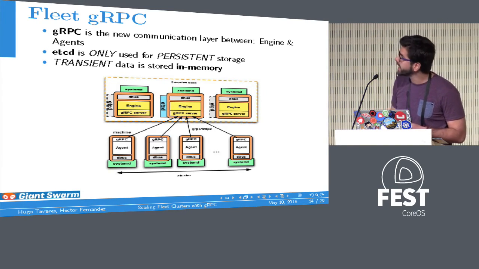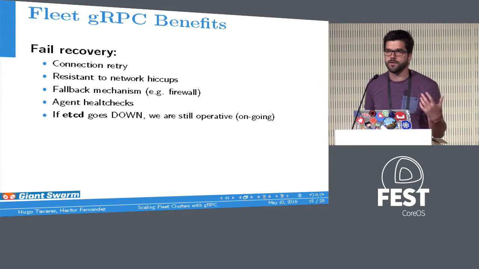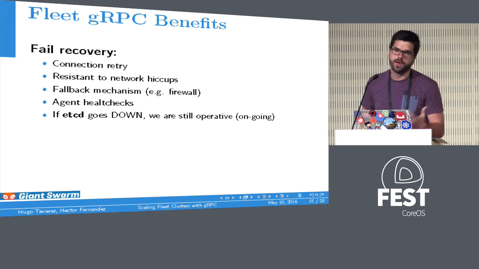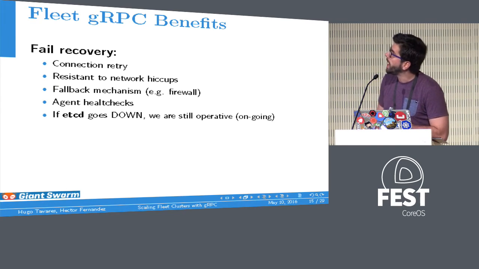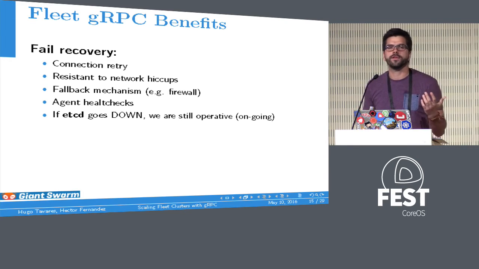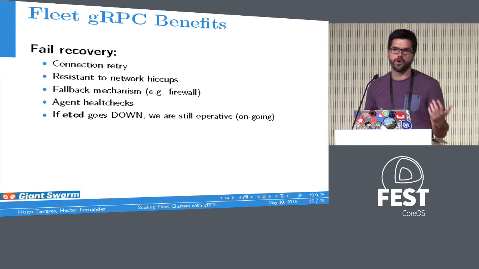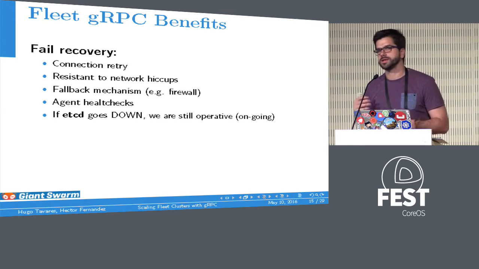So we saw a couple of benefits of using gRPC, and also a couple of benefits of the new things that we added into it. We wanted to improve the fail recovery mechanism, and with gRPC you have this connection registry, which always tries to connect, and you can realize if things are going wrong in terms of networking, if an agent cannot connect to the master, and so on.